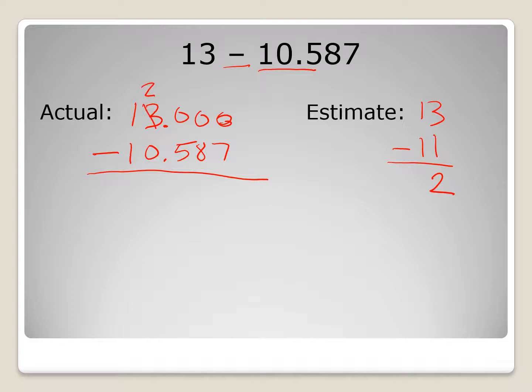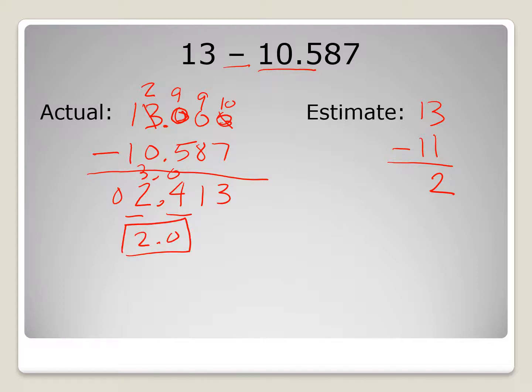I have 2 ones, and the strategy we learned, the first 0 is a 9, 9, 10. 10 minus 7 is 3, 9 minus 8 is 1, 9 minus 5 is 4, 2 minus 0 is 2, 1 minus 1 is 0. So 2 4/10 is in between 2 whole and 3 whole. It is closer to 2. So my actual answer is close to my estimate answer. All right, very good. Please remember you can rewind, go back and review it if you need help looking at it again.